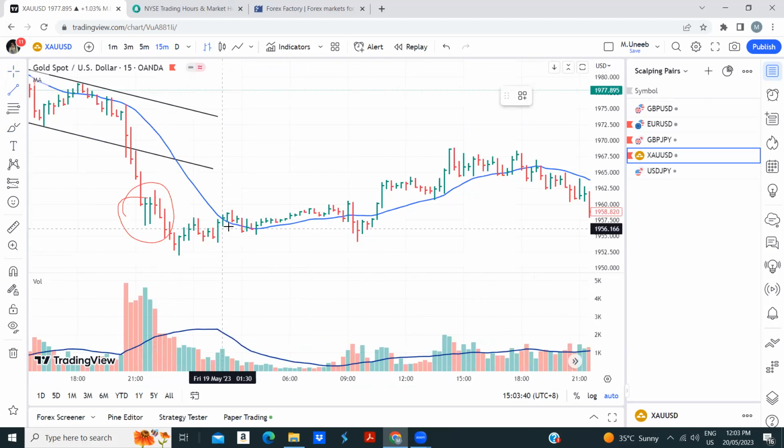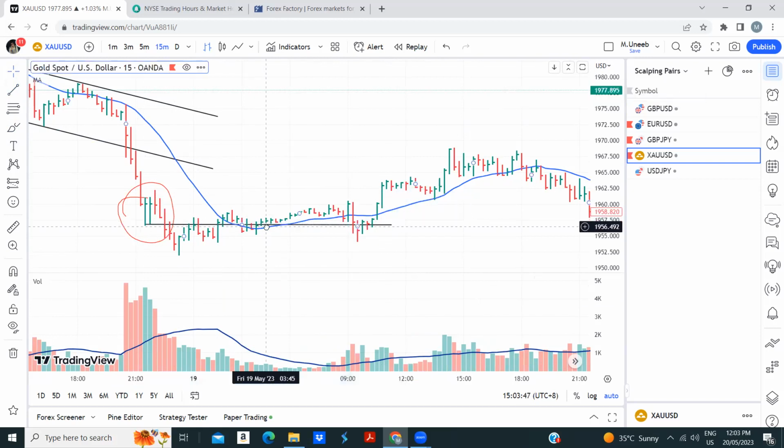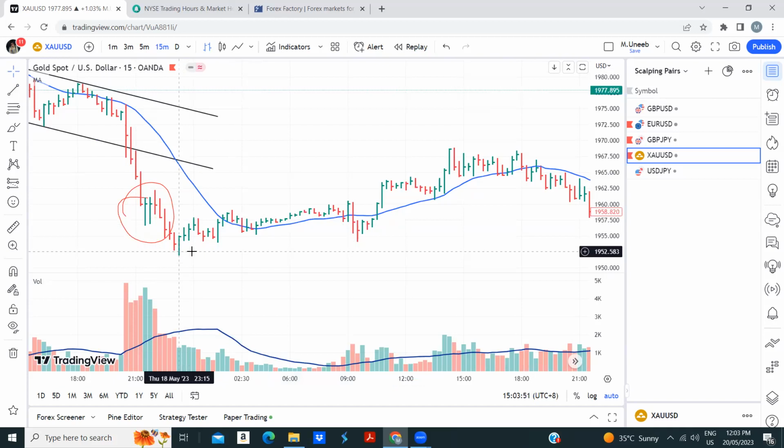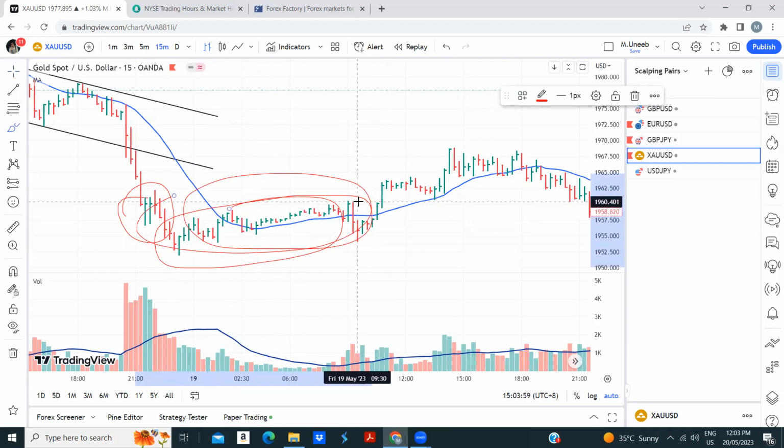At this time, obviously, we will not trade because it's already very late. Then we have this accumulation pattern, because this is the market closing time, so obviously we have low liquidity over here. It's useless to trade at this time.